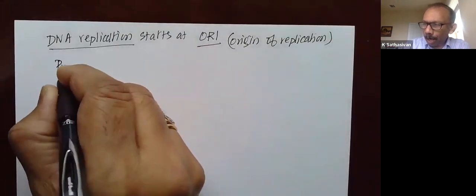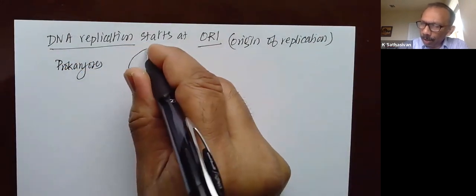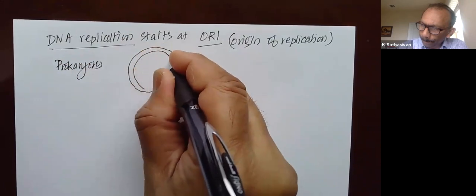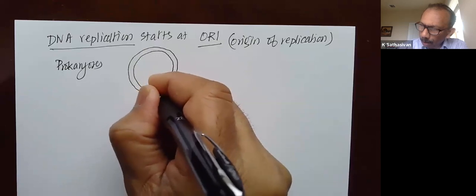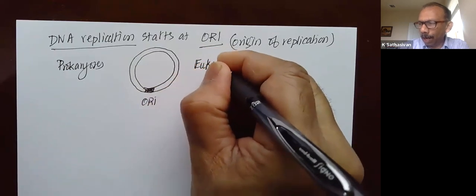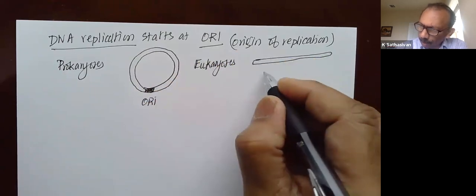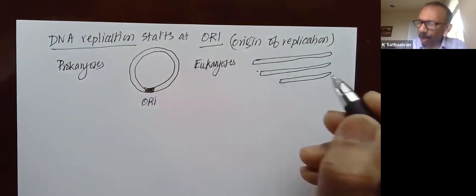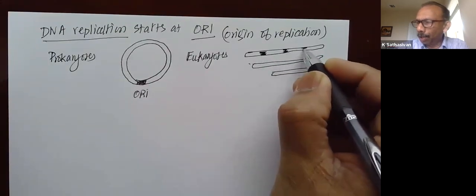So in the case of prokaryotes, they have circular DNA, and there's a single origin of replication in prokaryotes. Okay. Whereas in the case of eukaryotes, as all of you know, they have linear chromosomes, and they have the telomeres and centromere, and they have a longer and much larger genome.